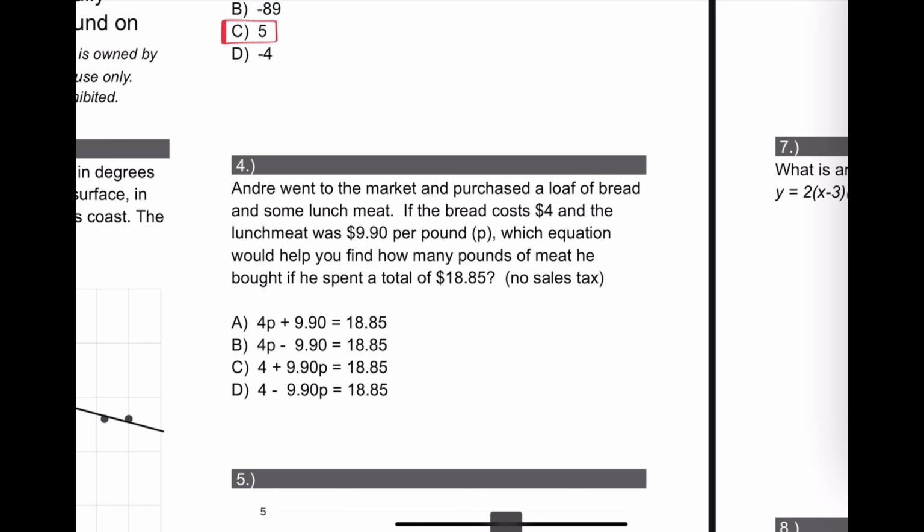As we look at these equations, we can see that you're either timesing p by 4 or 990. We can tell from the description that the p needs to be next to 990 per pound. So it has to be C or D. So then the question is, are we adding 990p or subtracting 990p? We're definitely adding that to the cost, so our answer has to be C.